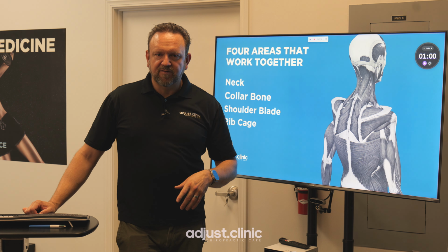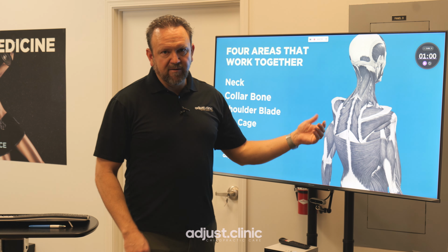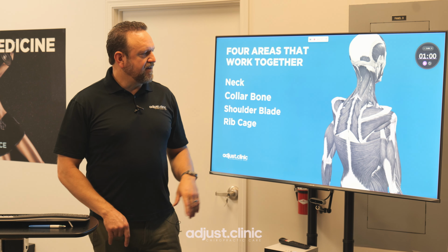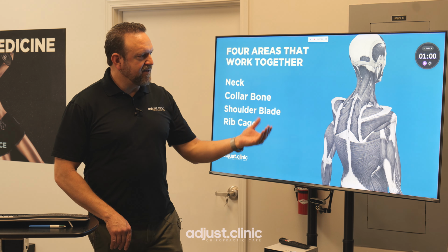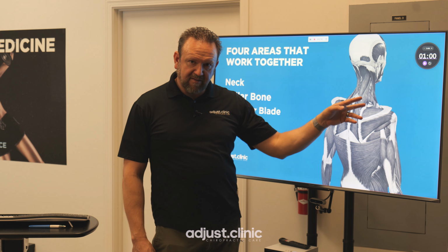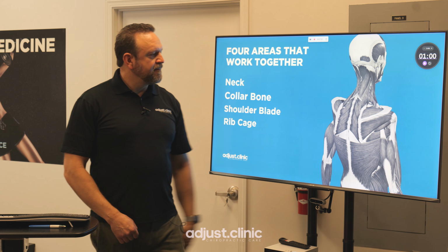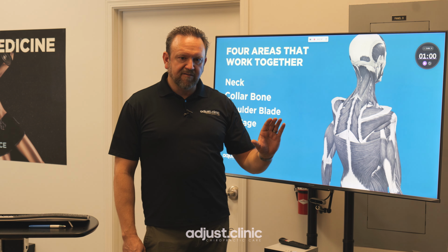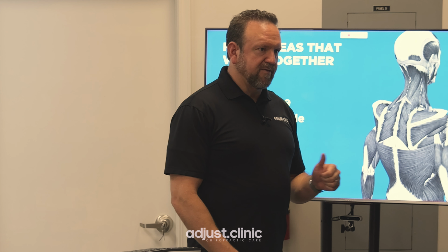This is the essence of conservative care. This is the way you avoid injections because a tendonitis forms. This is the way you avoid surgery 20 years down the road because degeneration sets in and it compresses the nerves. Conservative care is what chiropractic care is all about. It's also what good physical therapy is all about.